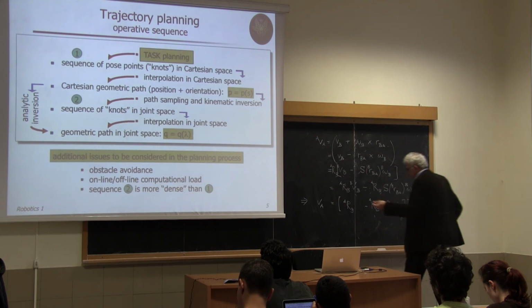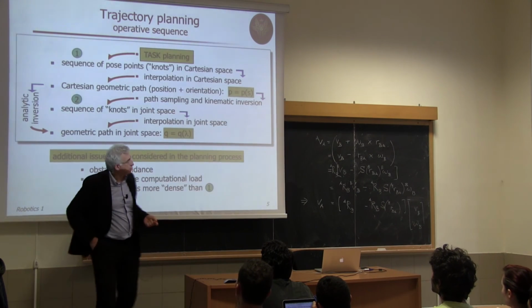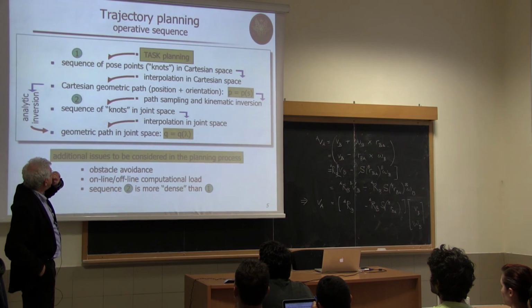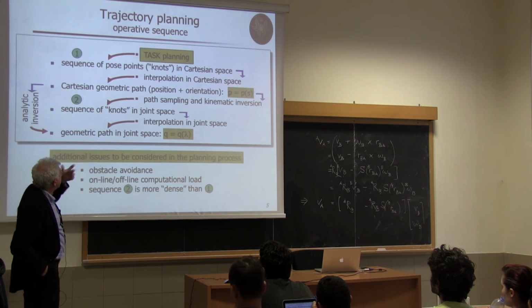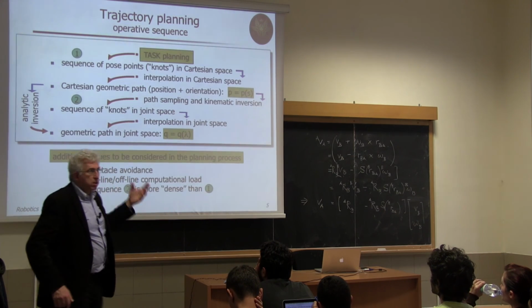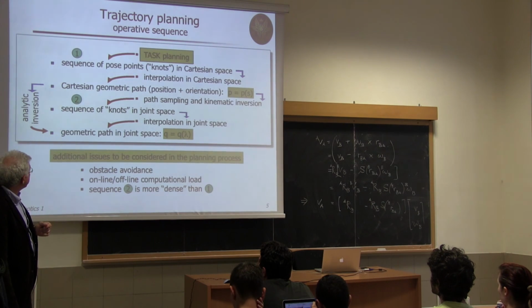Now, some of this may be skipped, but let's consider all steps for a moment. So I'm starting from the task planner output, which is a sequence of pose points in general, which are also called knots in the Cartesian space.